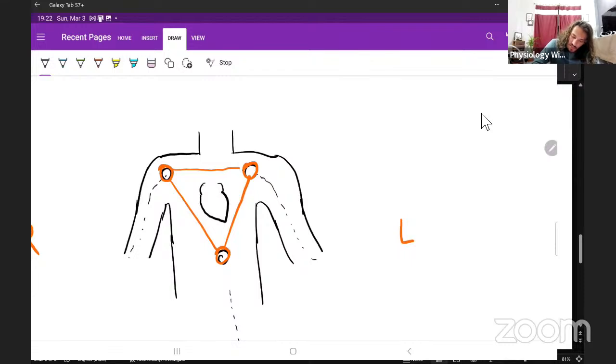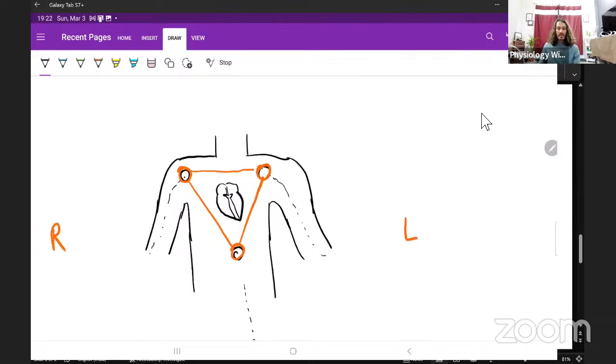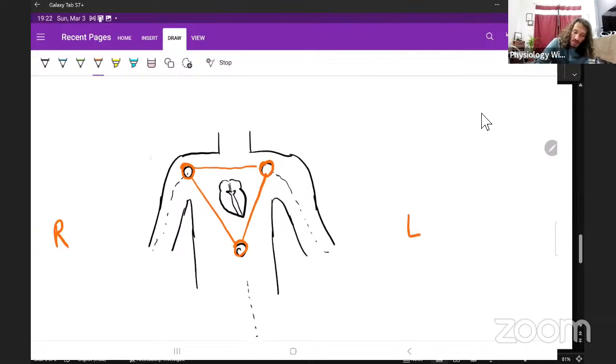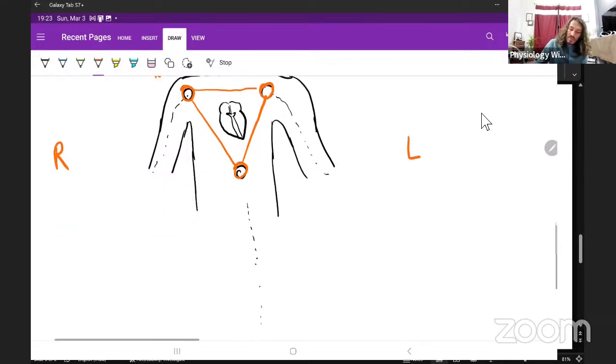We'll put a heart over here. So this again is your right arm. This is your left arm. This is your left foot.